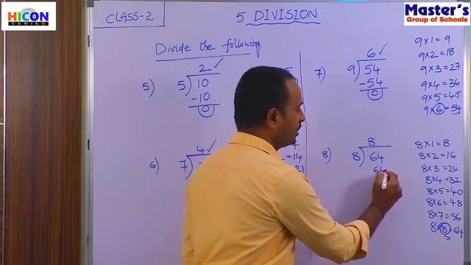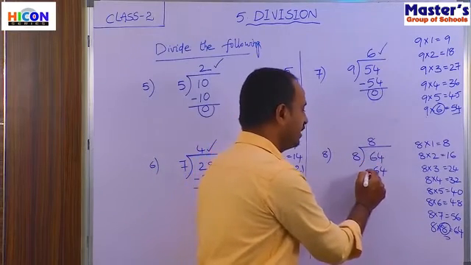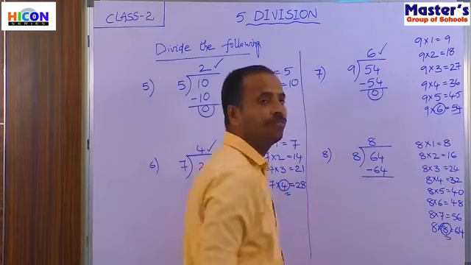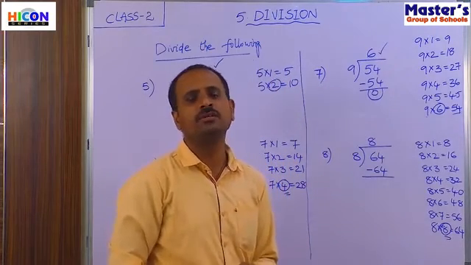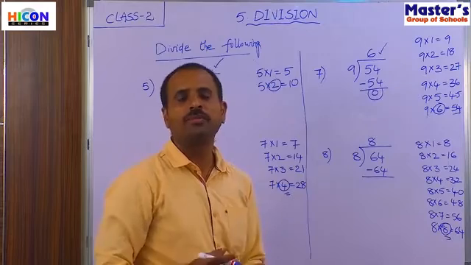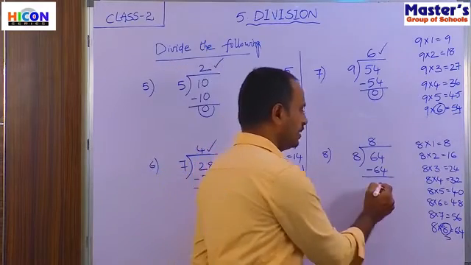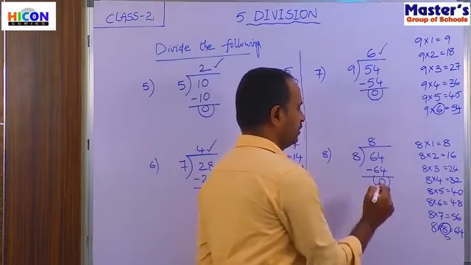Write the product 64 below the dividend and subtract. 64 minus 64. Children, how much? 0. So the remainder is 0.